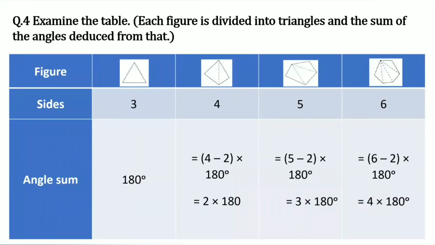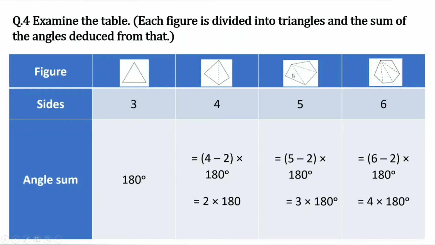Next, question number 4. Examine the table. Here each figure is divided into triangles and the sum of the angles deduced from that. So here the first figure is a triangle. In the second figure you can see it is divided into two triangles.